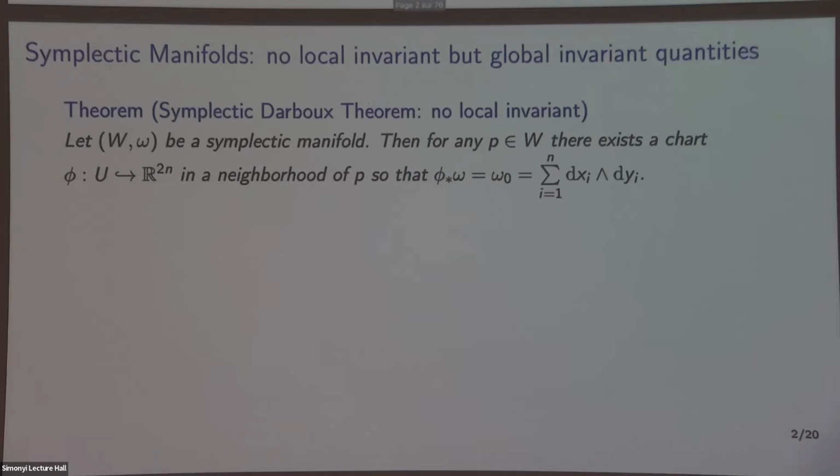Okay. So yes, in symplectic manifolds, it's very well known, I think, that you don't have any local invariant, but interesting global invariant quantities can be deduced once you have a symplectic form.